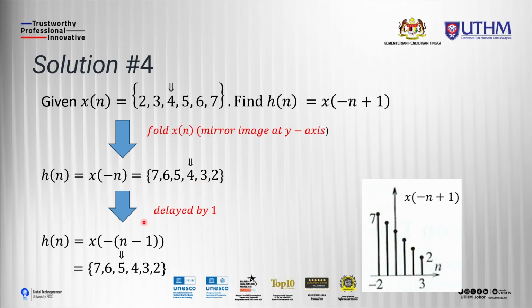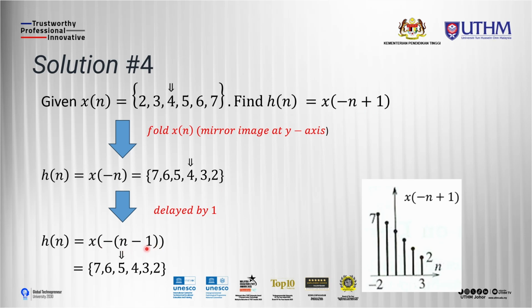Next is the time shifting. If you look here, it is x[-n+1]. Since the folding has been done before, next is the delay. For the delay, I need to bracket the value of this one. So x[-n+1] changes to x[-(n-1)], like this.